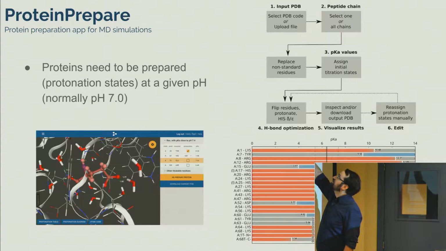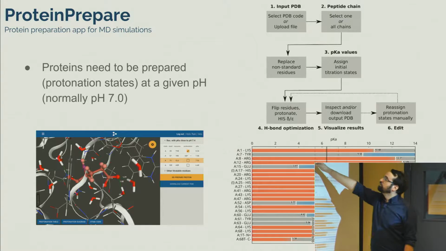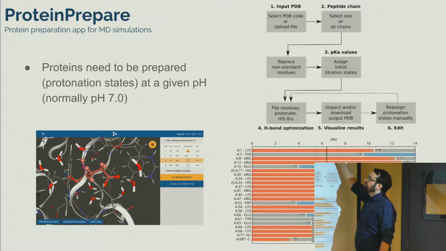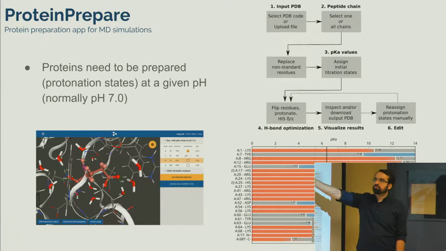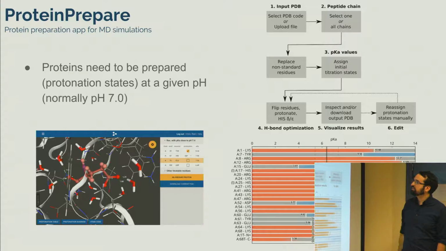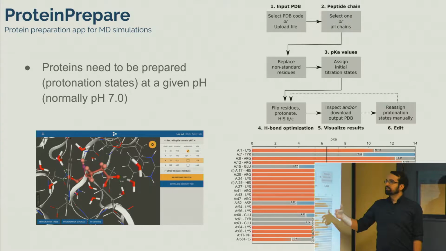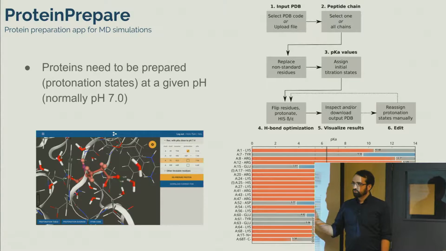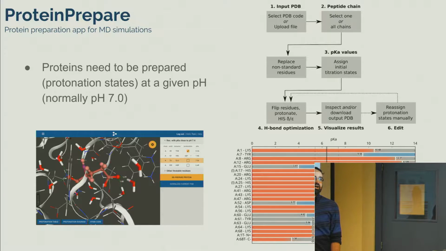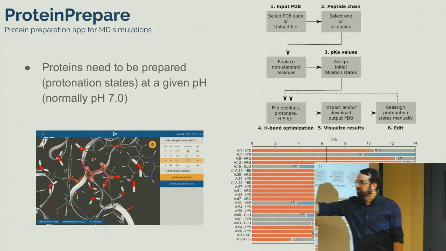Basically, there's a pipeline that we use to calculate and assign the pKa values of each protonable residue that exists in the protein, and you optimize the hydrogen bonds as well. This tool allows us to look at how the system was prepared by visualizing it.